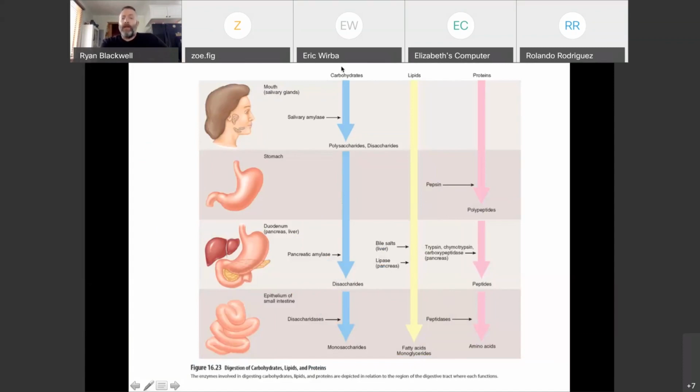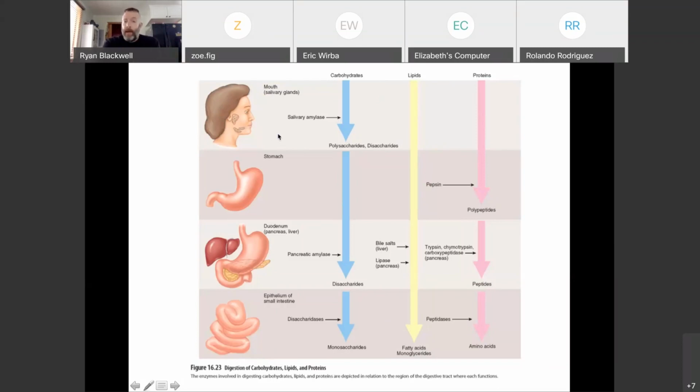So again, it comes down to carbohydrates, lipids, aka fats, and proteins. Now, what I really want to emphasize is there are a couple of items missing from this image. First of all, what's happening in the mouth? The production of saliva.